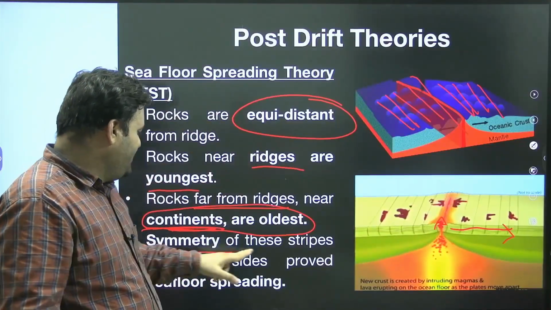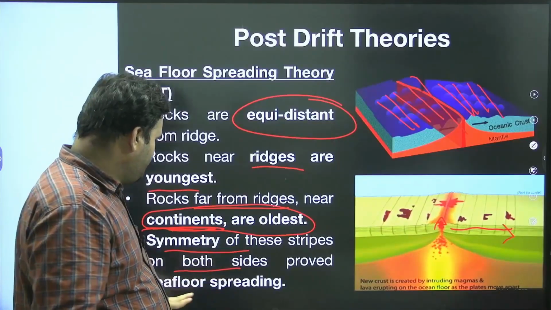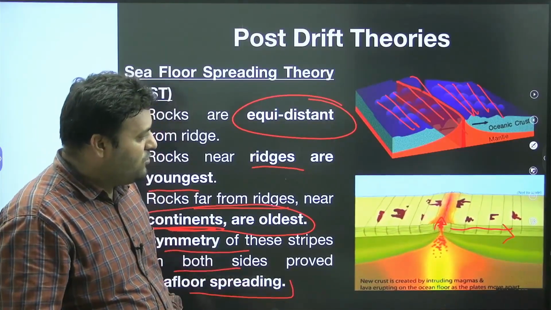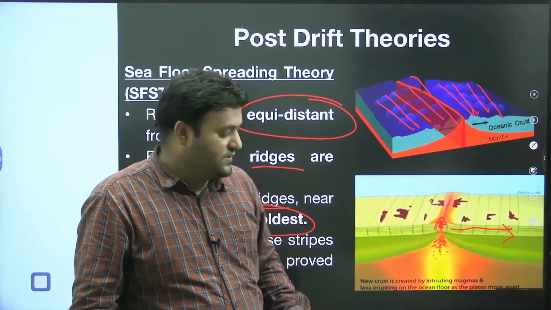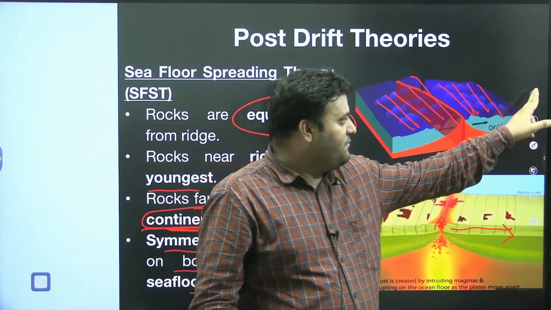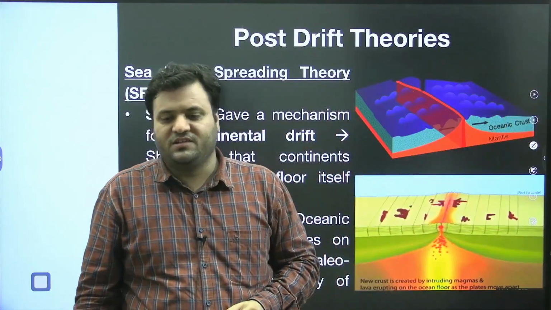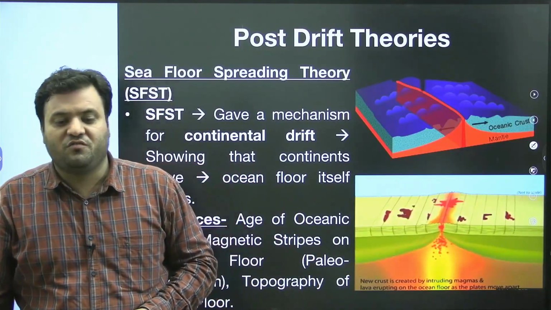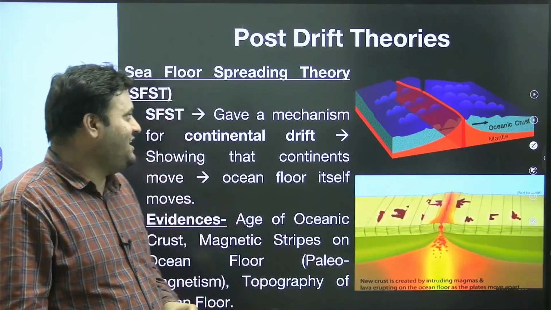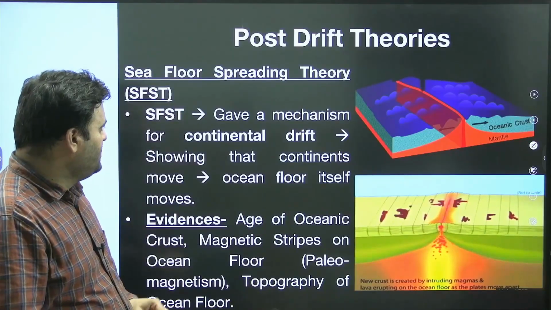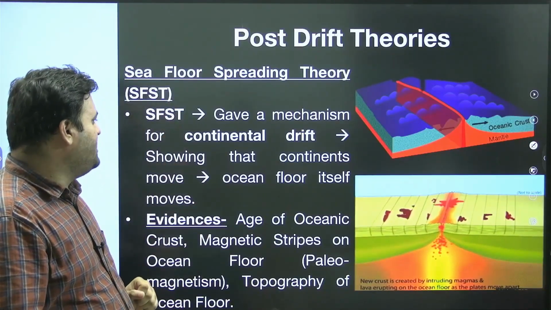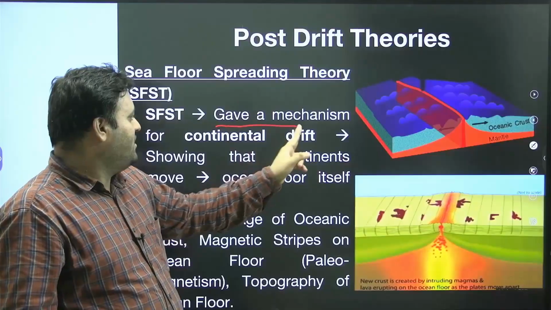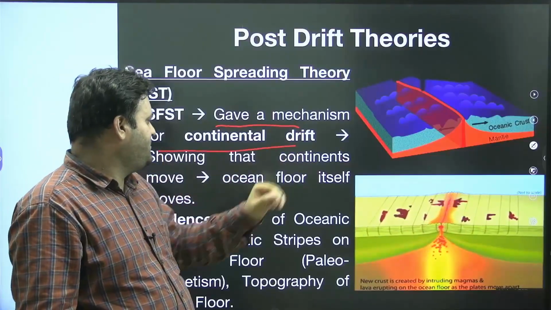So the symmetry of these strips on both sides proves perfect symmetry. This seafloor spreading theory actually gave a mechanism for continental drift.